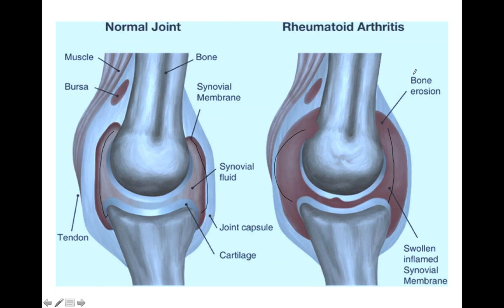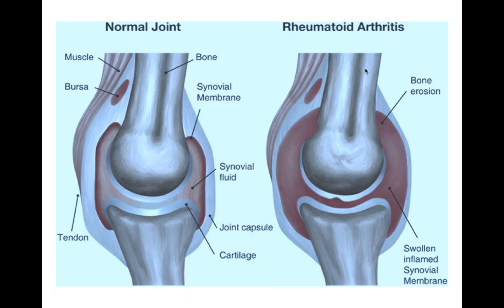So what are the diagnostic criteria of rheumatoid arthritis? This thing is very important. You don't have to write anything, everything is given in the notes. The first is morning stiffness for more than 1 hour. The patient wakes up in the morning and says my joints are stiff, and after some movement there is relief of this stiffness.